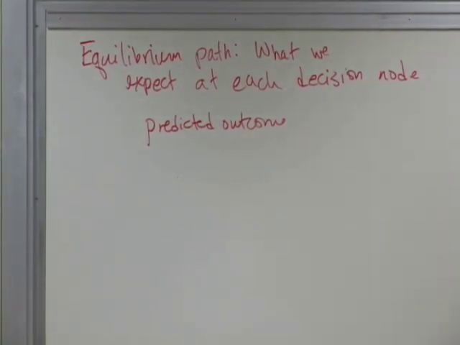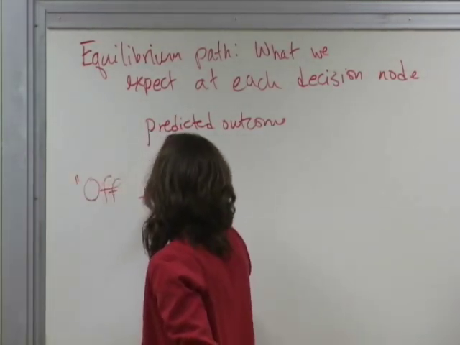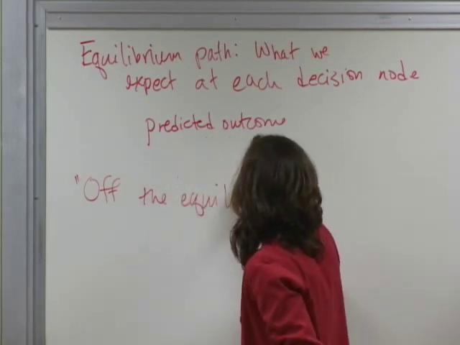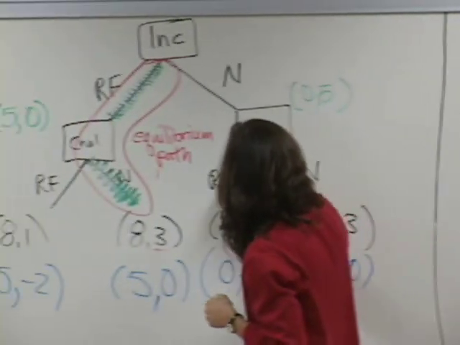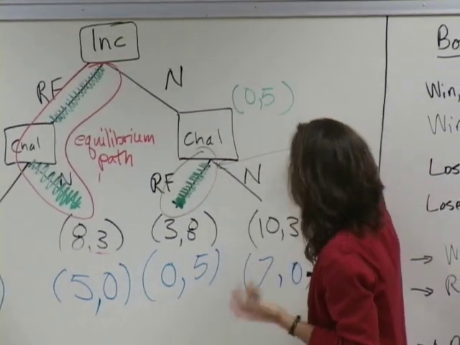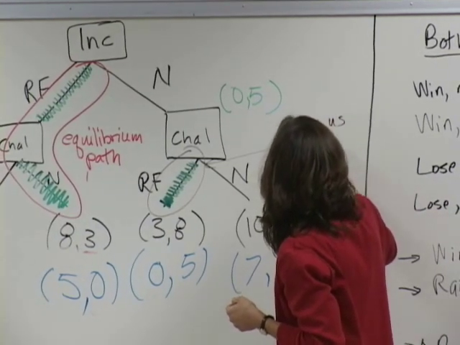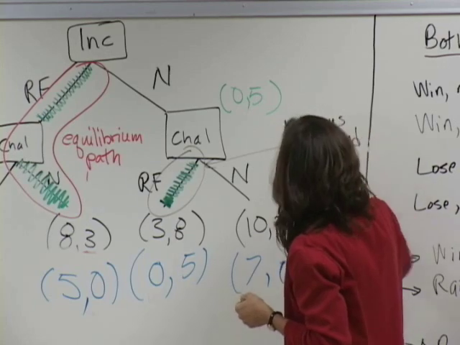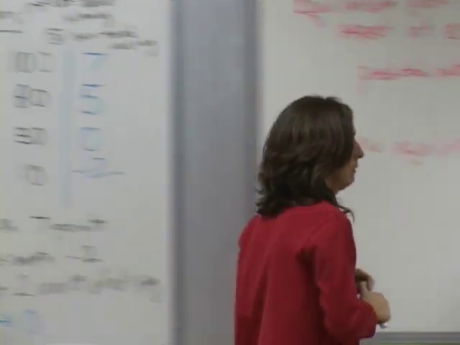This. But just as important is what's going on off the equilibrium path. What's going on off the equilibrium path over here is what helps us understand why.